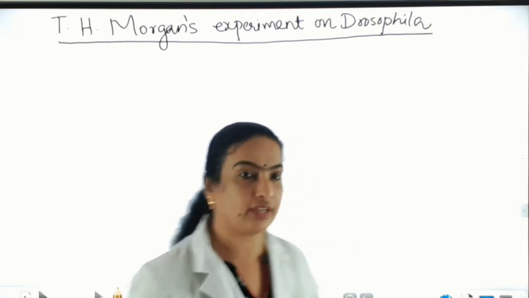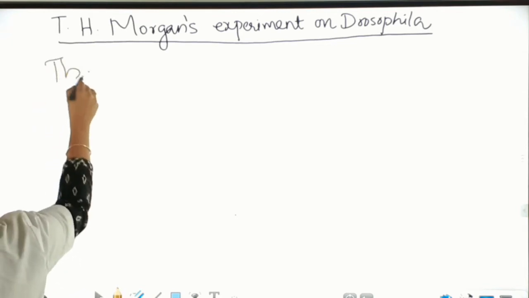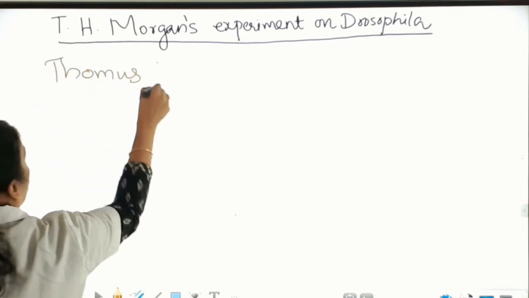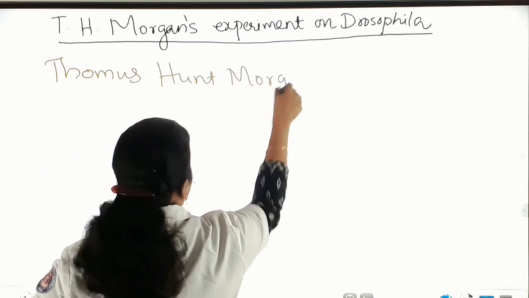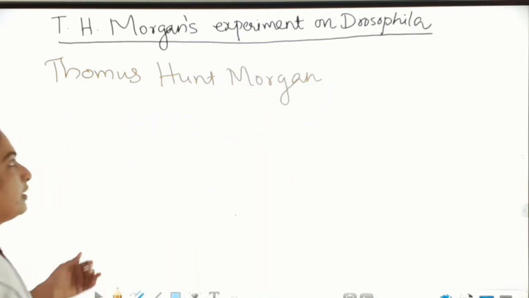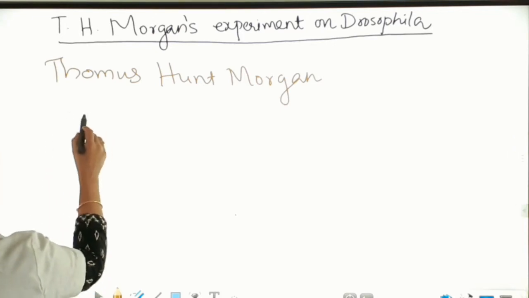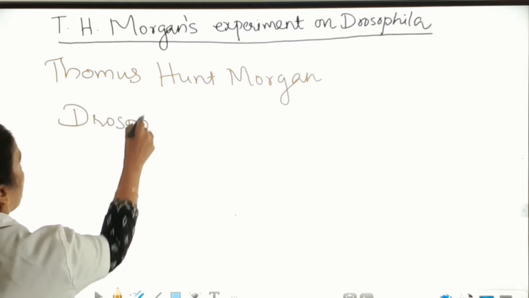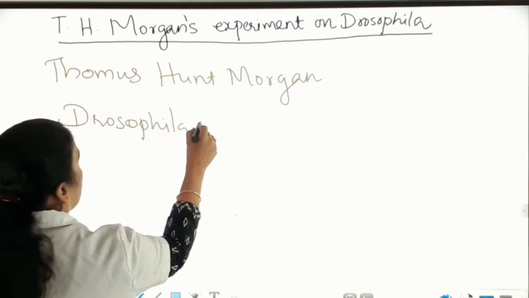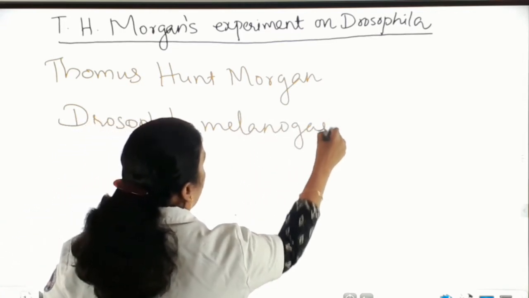So T.H. Morgan, Thomas Hunt Morgan, was conducting an experiment, and the experimental material was Drosophila melanogaster.